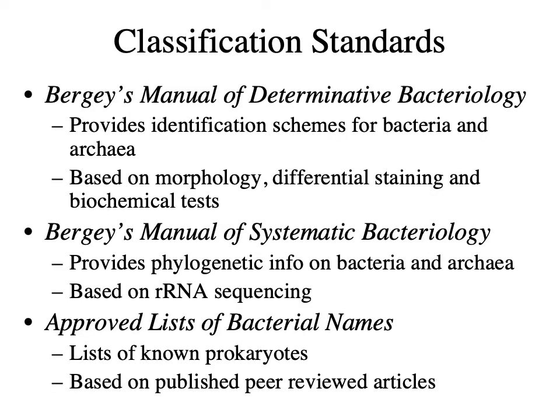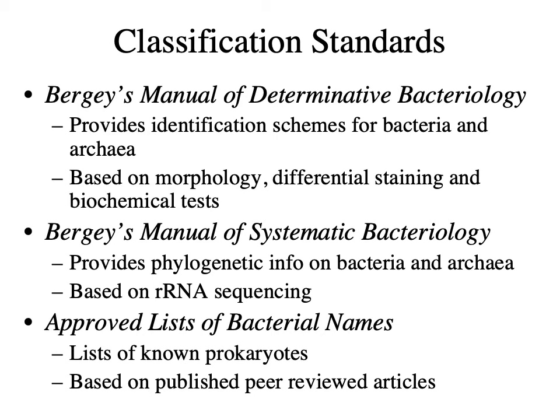The Bergey's manuals have been the gold standard for classification of bacteria for many, many years. Initially, when the Bergey's Manual of Determinative Bacteriology was developed, they identified bacteria based on morphology, how they stained, Gram stain or acid-fast stains, and biochemical tests. They were able to look at things structurally.